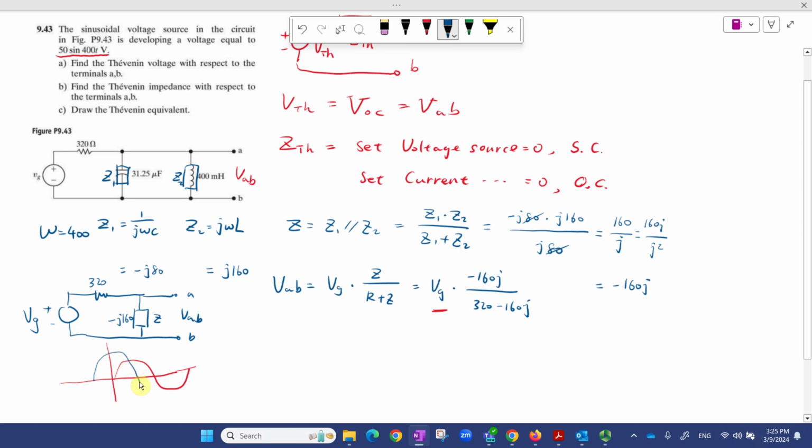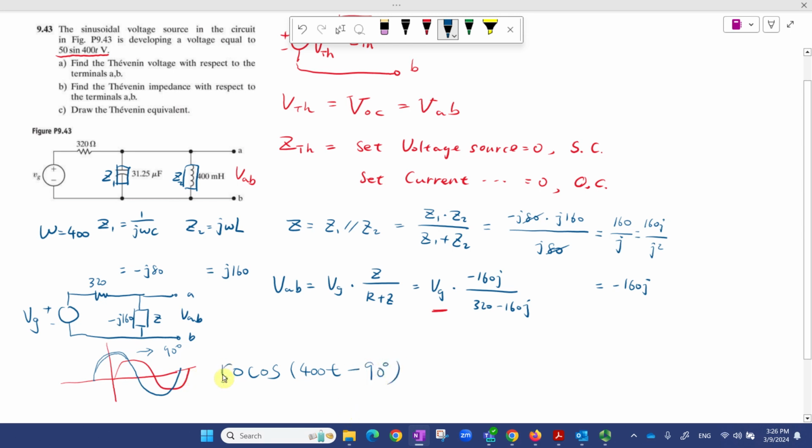So it's like the sine shifted to the left, or if you start with a cosine, you shift it to the right by 90 degrees. So you will have the same 50 cosine 400t, shifted to the right by 90 degrees, minus 90 degrees.